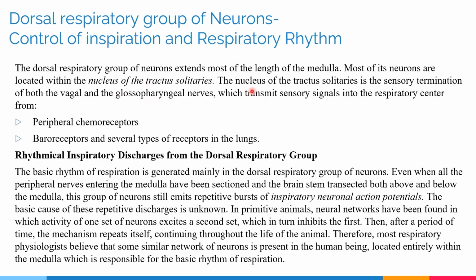So before we go on, we have to first understand what nucleus means. In the central nervous system, a nucleus does not mean the nucleus of a cell, but instead a nucleus is the collection of cell bodies of various neurons that are traveling along the CNS.